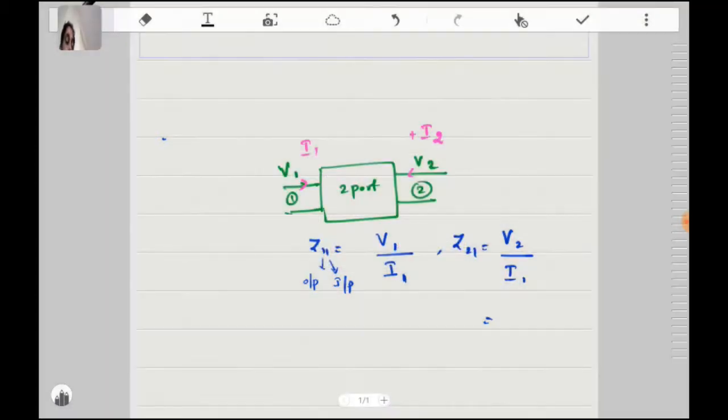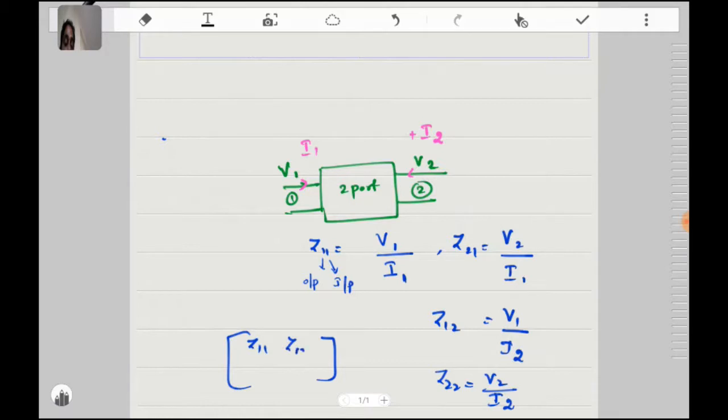Another one is at 1: what is the voltage at 1 from the current from 2? Similarly, Z22 is the voltage at 2 from the current at port 2. These are the parameters. So I can write the Z matrix as Z11, Z12, Z21, Z22.